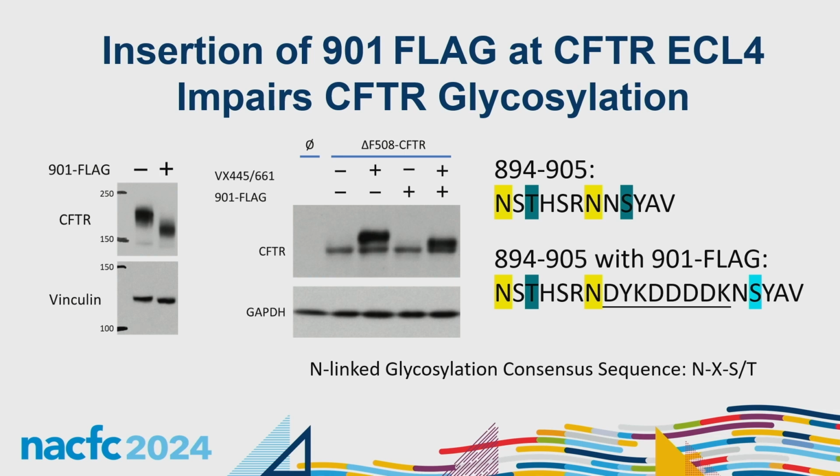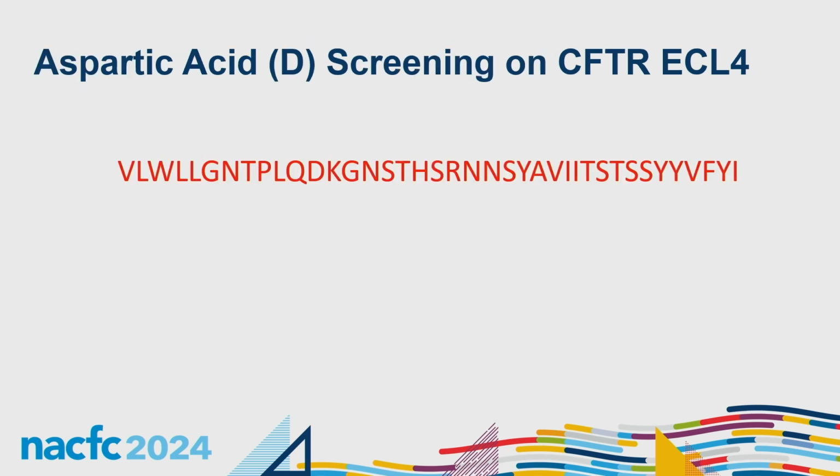So how do we know about the effect of the ECL4 on CFTR? To answer that, we performed aspartic acid screening on CFTR ECL4. Basically, we mutated each amino acid on the ECL4 into aspartic acid and looked at their expression.